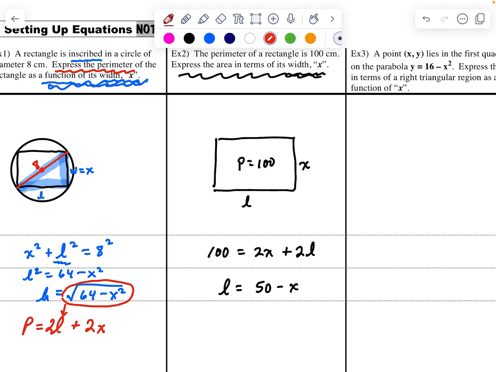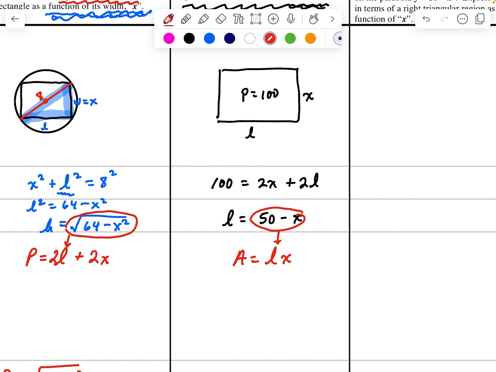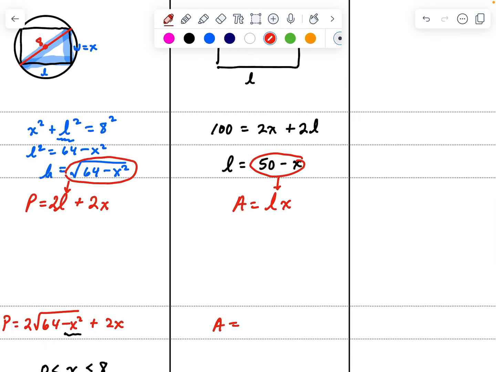So now I've got area is equal to L times x. Well, when I plug my value for L in, I am eventually going to get A equal to 50 minus x times x, or A is equal to 50x minus x squared.